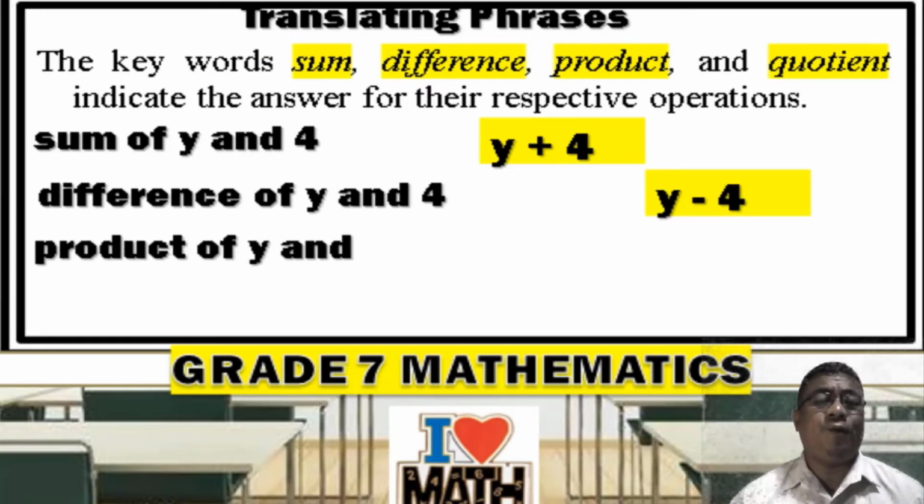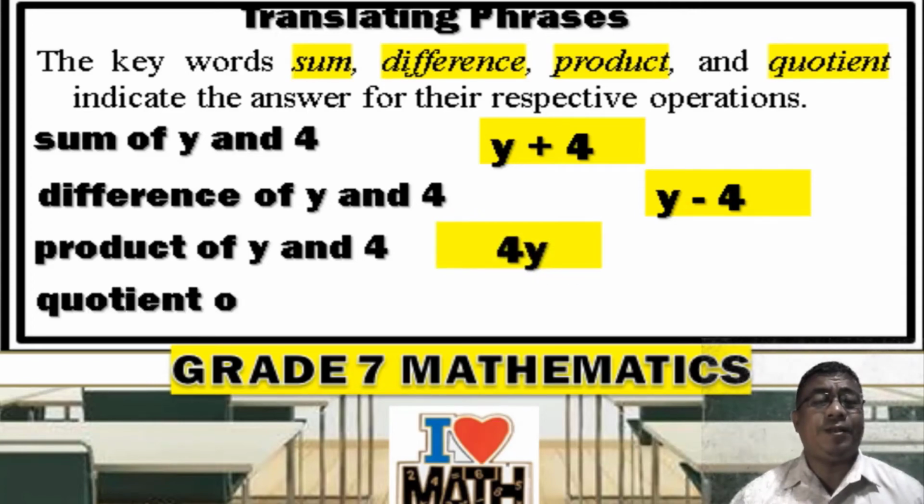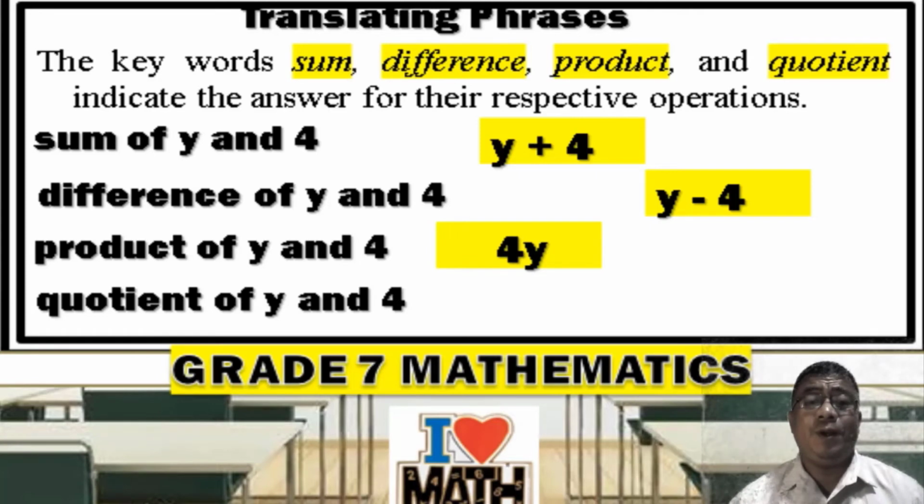Product of y and 4. So of course, we have the multiplication operation. So this is simply 4y. Quotient of y and 4. We simply have the division operation. So we have y over 4.